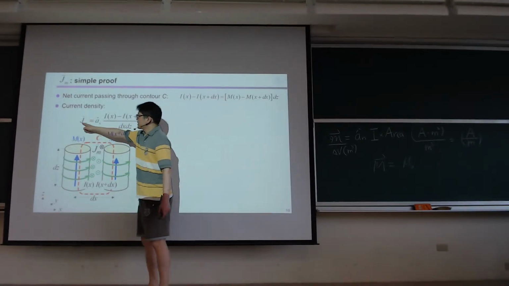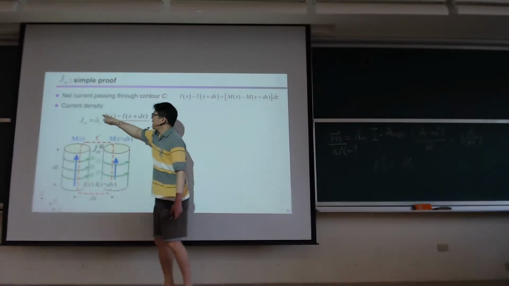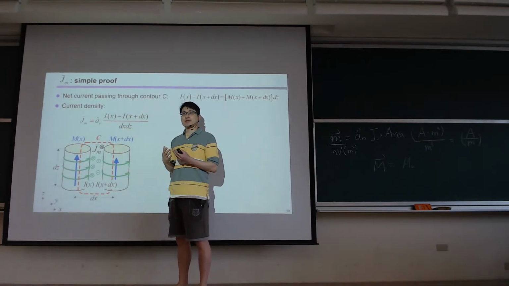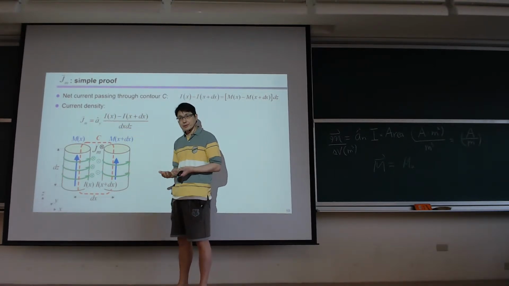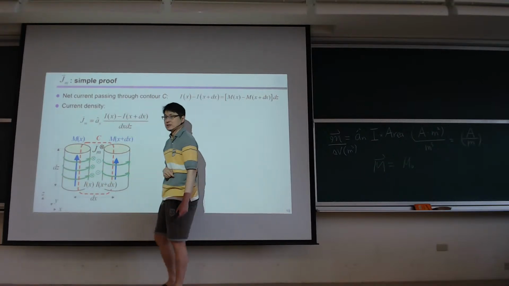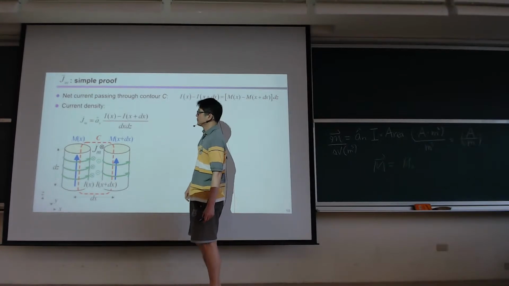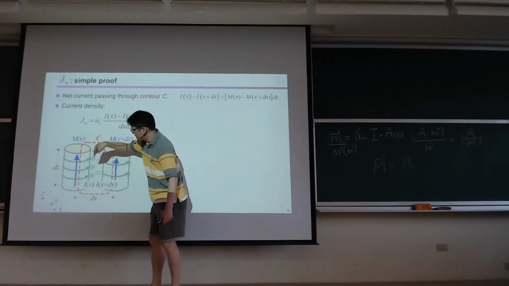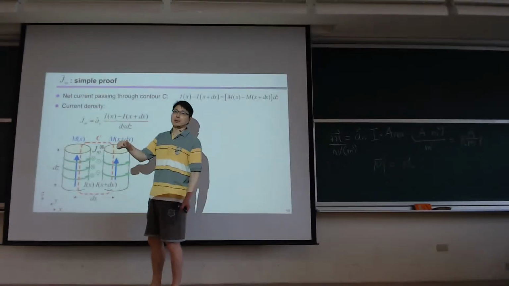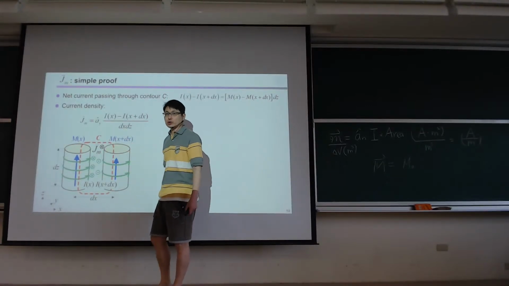So the current density is basically I, the net current, divided by the surface area, right? Surface area is dz times dx. And I know the currents are in the y direction, into the paper or out of the paper, but in any case, in the y direction.